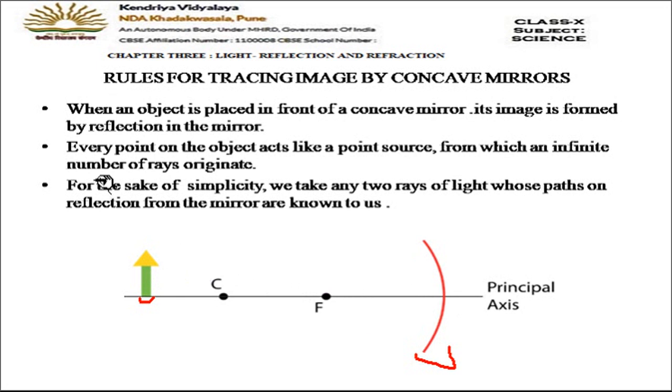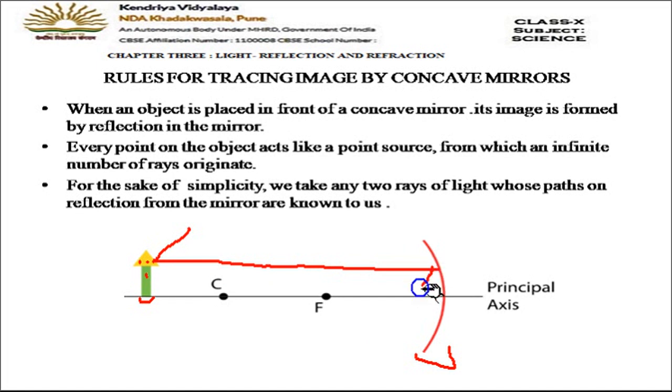Now to remember this, every point on the object, you can see that the object is made up of very small points, right? If you consider these small dots on the object, each point on the object acts as a point source, and whenever light strikes the point sources on the object, it gets reflected towards the mirror, and from the mirror the light gets reflected again.